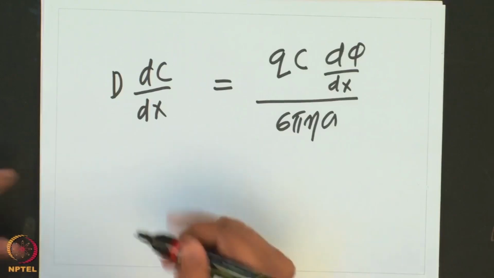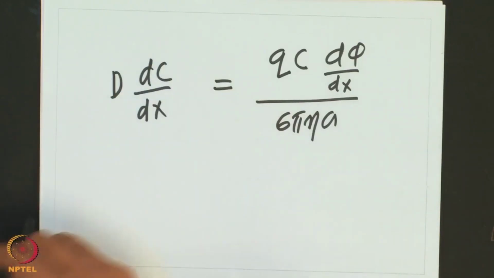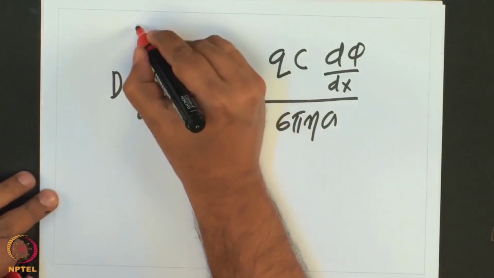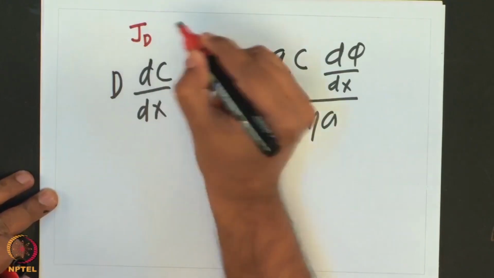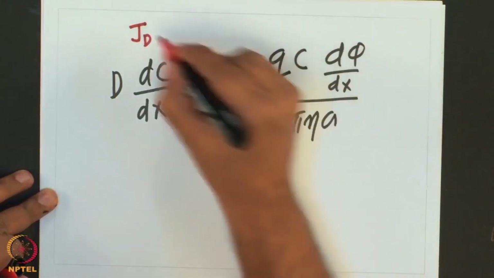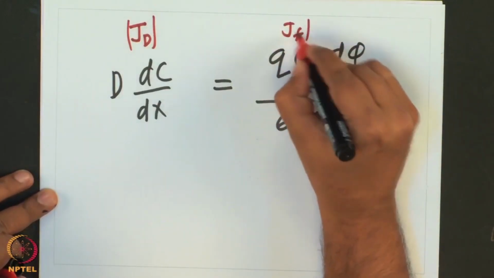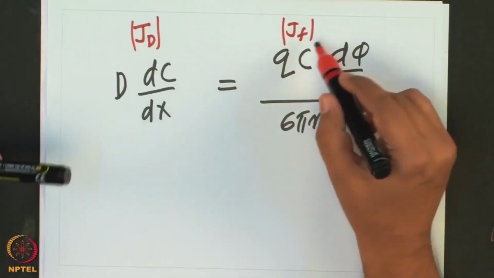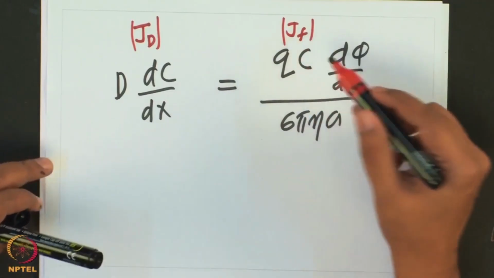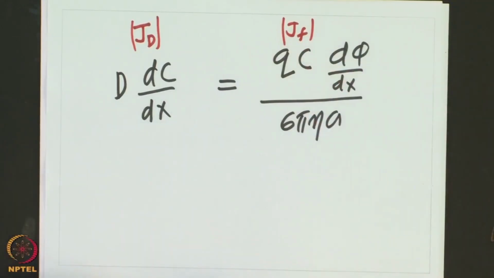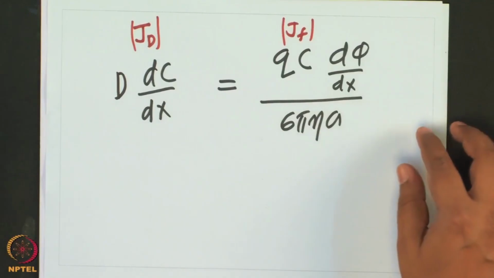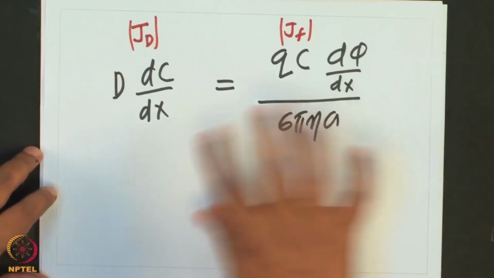So this is our diffusional current magnitude, and this is the magnitude of the flow due to external force. And if you equate these two, what we get is this.